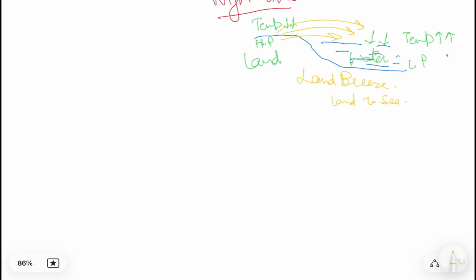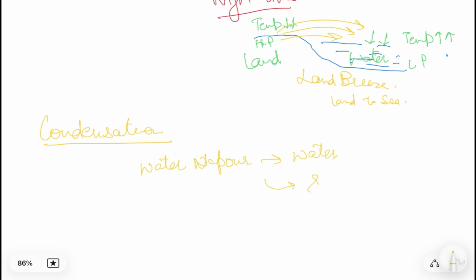Next we have condensation. So what is condensation? It is the conversion of water vapor to water.